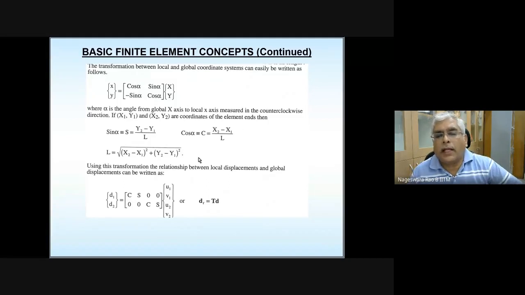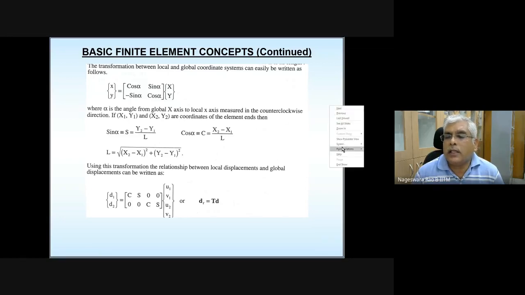So now I got sine alpha and cosine alpha based on the global coordinates of the nodes and length of the element. And now you see this relation here: small x-axis, small y-axis, capital X-axis, capital Y-axis.